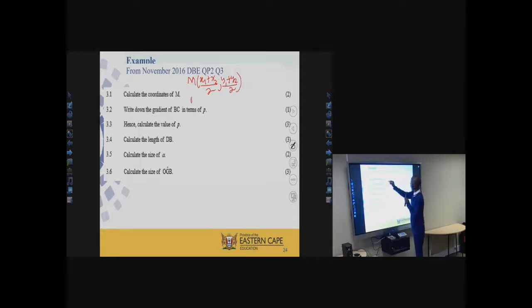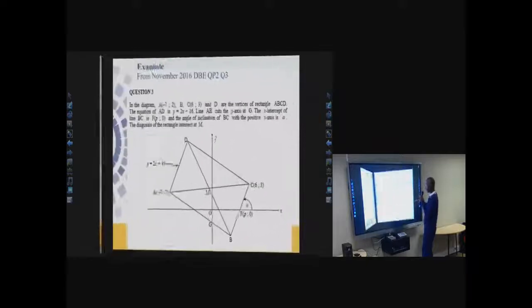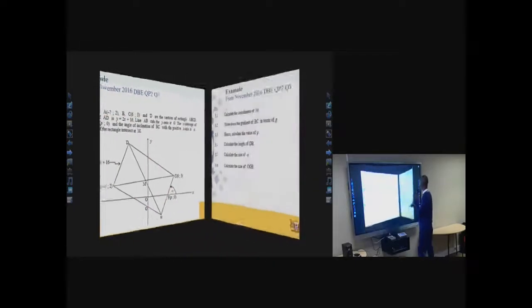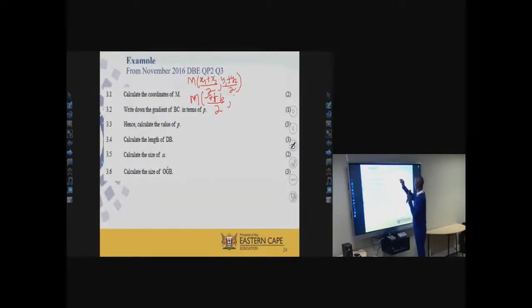And then the first one is -7 plus 6 over 2. Then y1, let's just go back and see it. y1 is 2, y2 is 3. So you add, did I say 2?